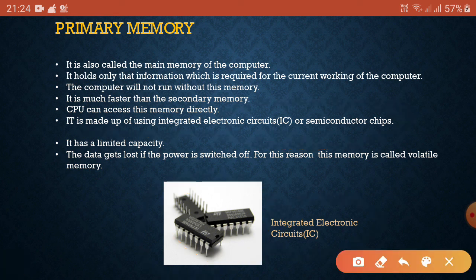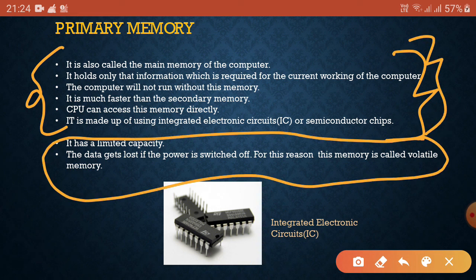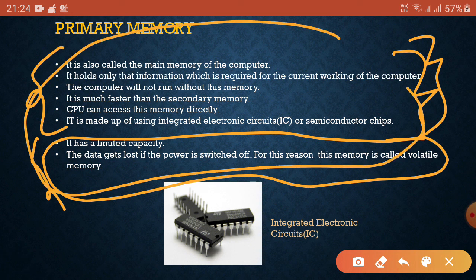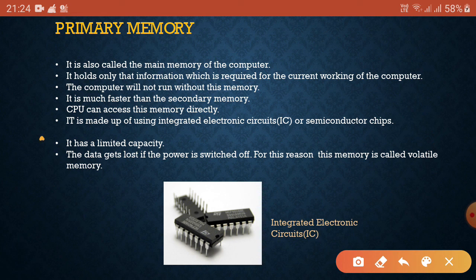Next, 6 points are the advantages and these 2 points are the disadvantages. You can say that all these are the properties of the primary memory. So what are the disadvantages or other properties of primary memory? It has a limited capacity.